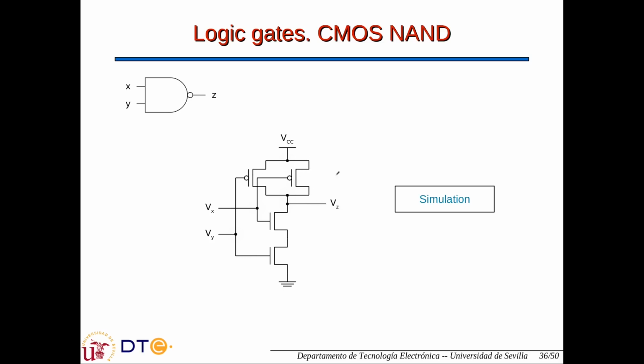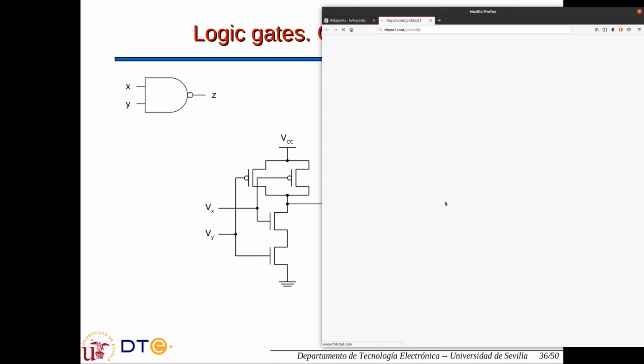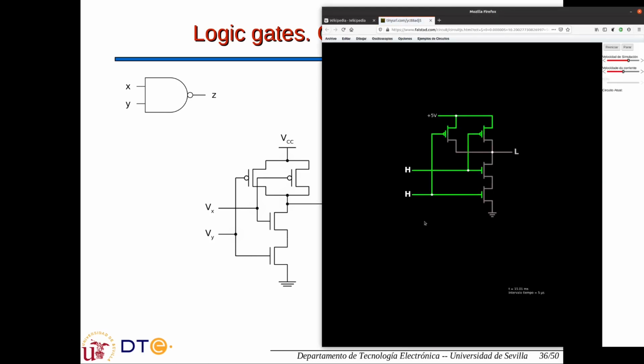We can simulate this gate as well, and we see what happens. Now both inputs are high. We can change the controls to use numeric representation, so it's easier to recognize the logic value.